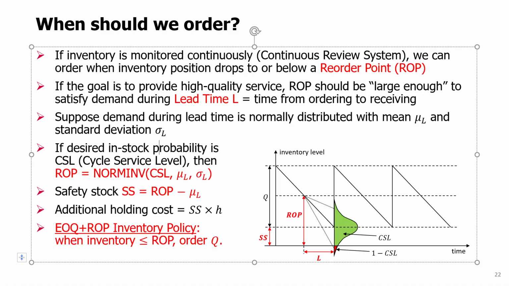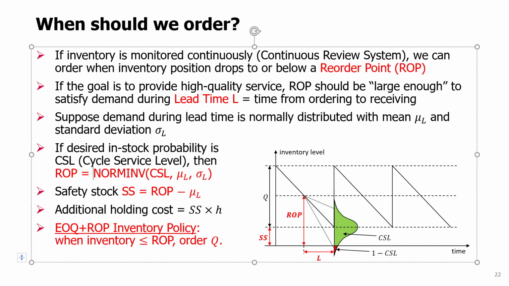So it's actually impossible to have a quantity that is large enough to guarantee 100% chance of not having a stock out, of being in stock. So we always have to assume a value that is close to 100%, but less than 100%, as the desired in-stock probability. And if we do, we can calculate the reorder point using the inverse of the normal cumulative distribution function, right?